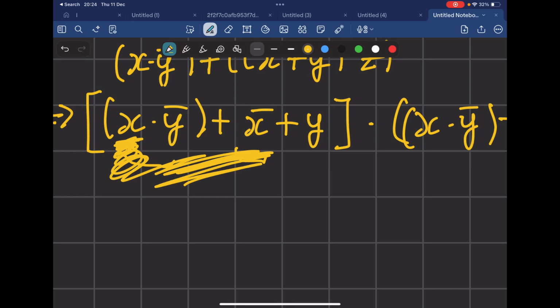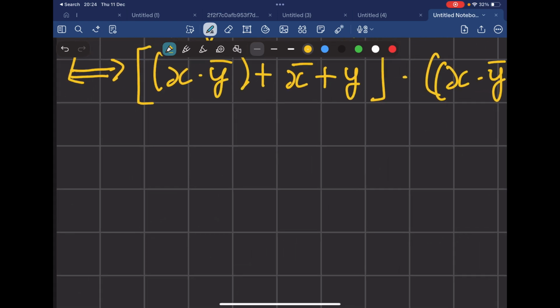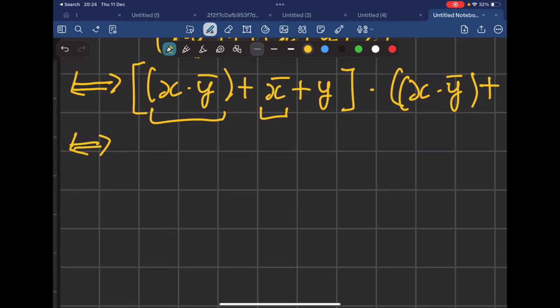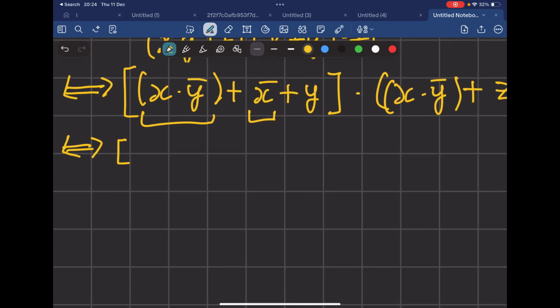So let's try distributing it and see where it takes us. Just as a reminder, we're distributing this with this. That will give us not x plus x and not x plus not y plus y.